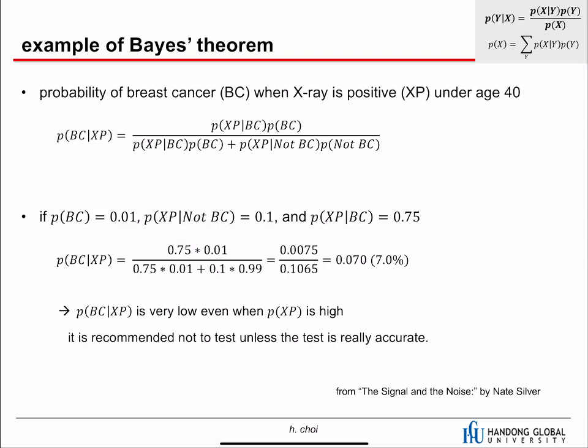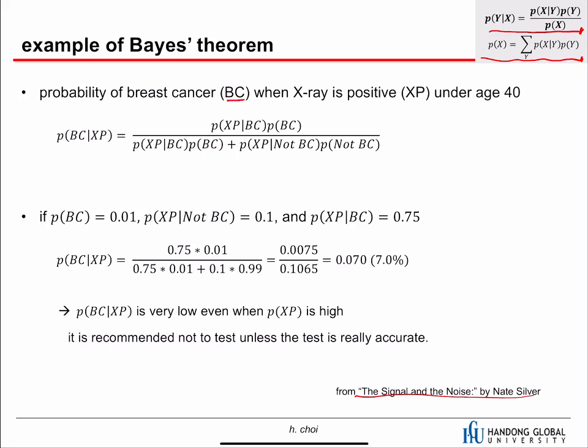To understand Bayes rule, let's take one example from this book. I put this Bayes rule here. Let's say we're interested in the probability of breast cancer when X-ray is positive under age 40. Then we can use this equation exactly here.